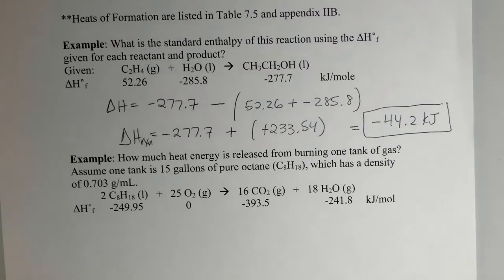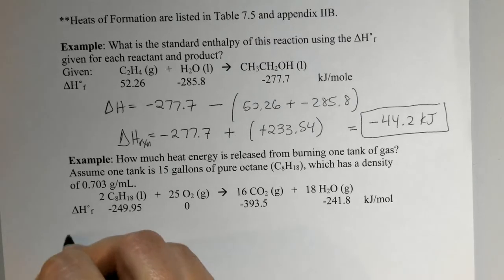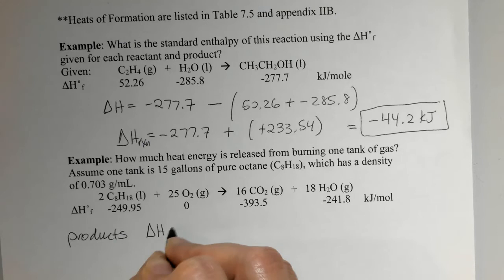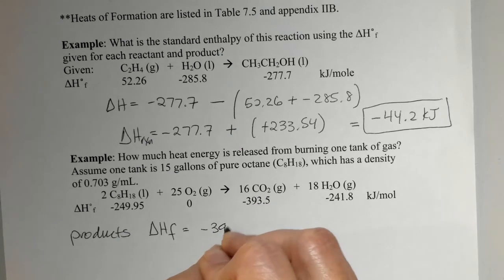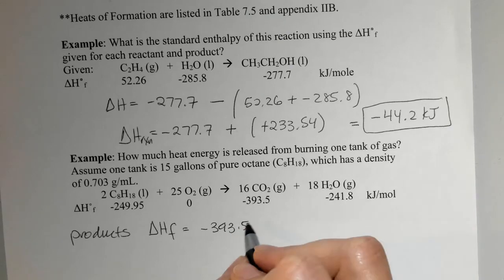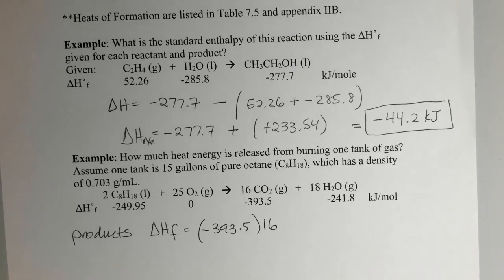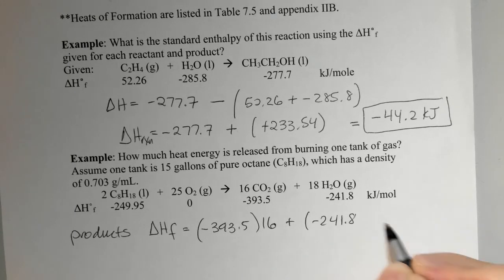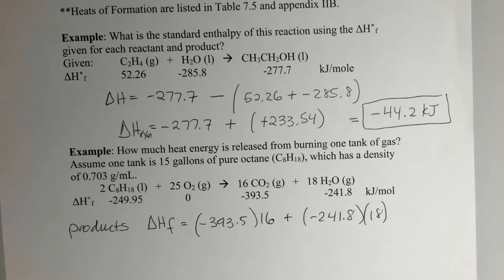All right. So first, if you want to do this piece by piece, you can look at your products first if you want. So the heats of formation for the products, I'd have negative 393.5 for the carbon dioxide, but remember that's per mole of carbon dioxide, and I've got 16 moles. Negative 241.8 kilojoules per mole of water, but I have 18 moles of water.